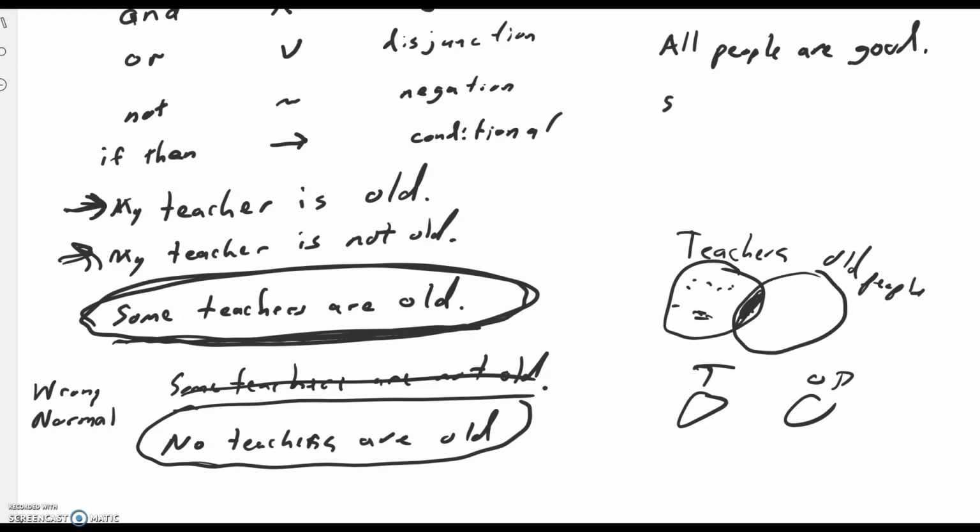The negation of it is that some people are bad. In other words, it really only takes one bad person to prove that this statement's wrong, or 2 or 3 or 4 bad people to prove that it's wrong. So the negation of this is kind of what has to happen to prove this is wrong. And that's a pretty tricky idea.